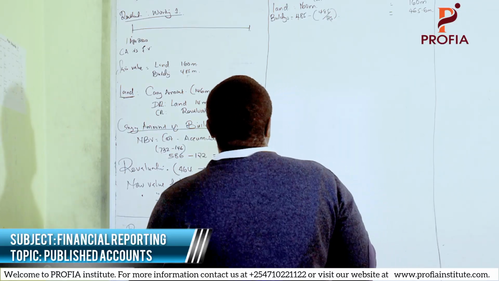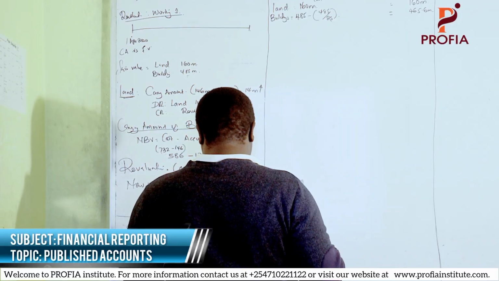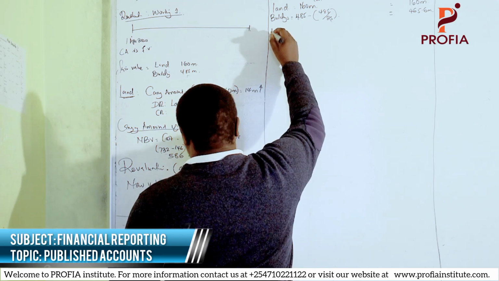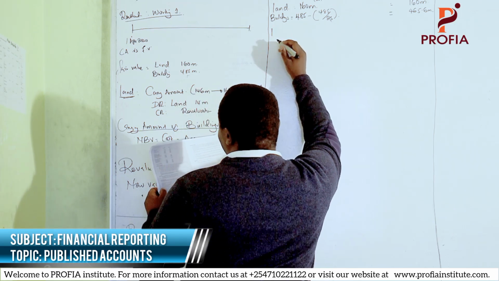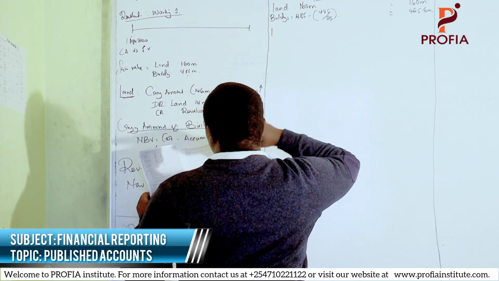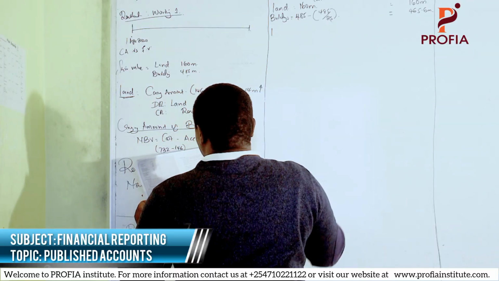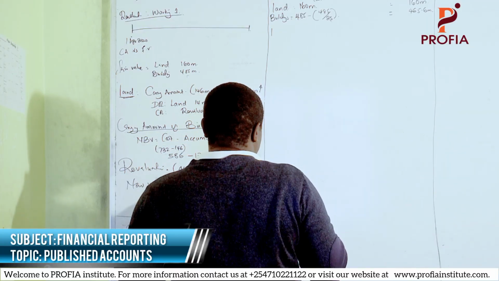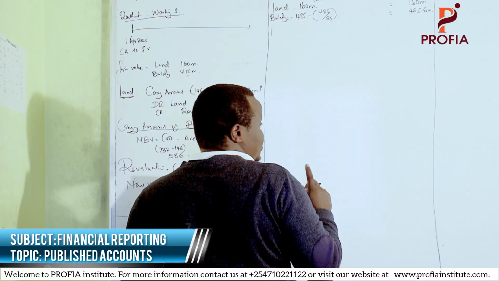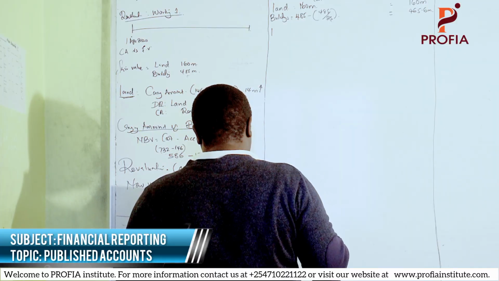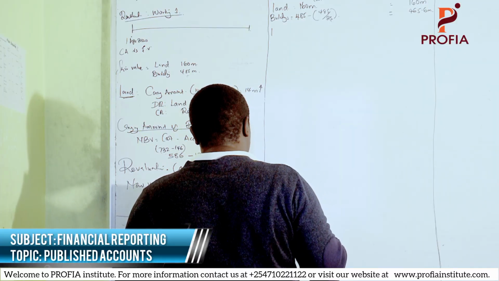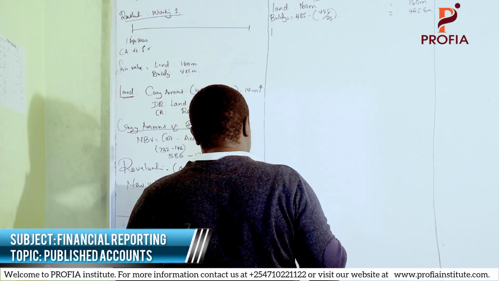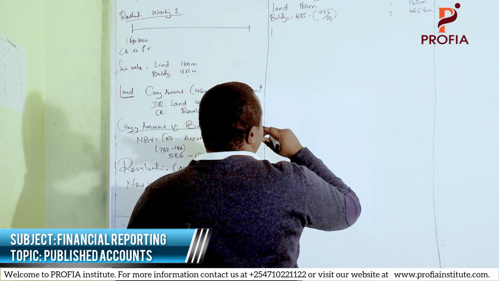Then we have another item called property and equipment. The other term that they have used there, that some will not be transferred to excess depreciation. They say they do not make transfer of retained earnings from excess depreciation. I'm going to handle that when we'll be looking at deferred tax. And again, they have said ignore deferred tax in this situation.